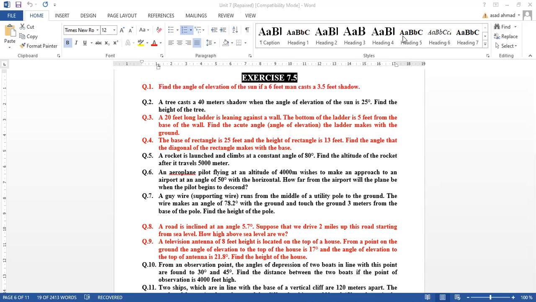According to the diagram, let's suppose this is the height of a person, vertically straight, taken as the perpendicular, and on the ground this is the shadow. We will first label these few parts. Let's suppose this is capital A, this point is B, and this is point C somewhere here.